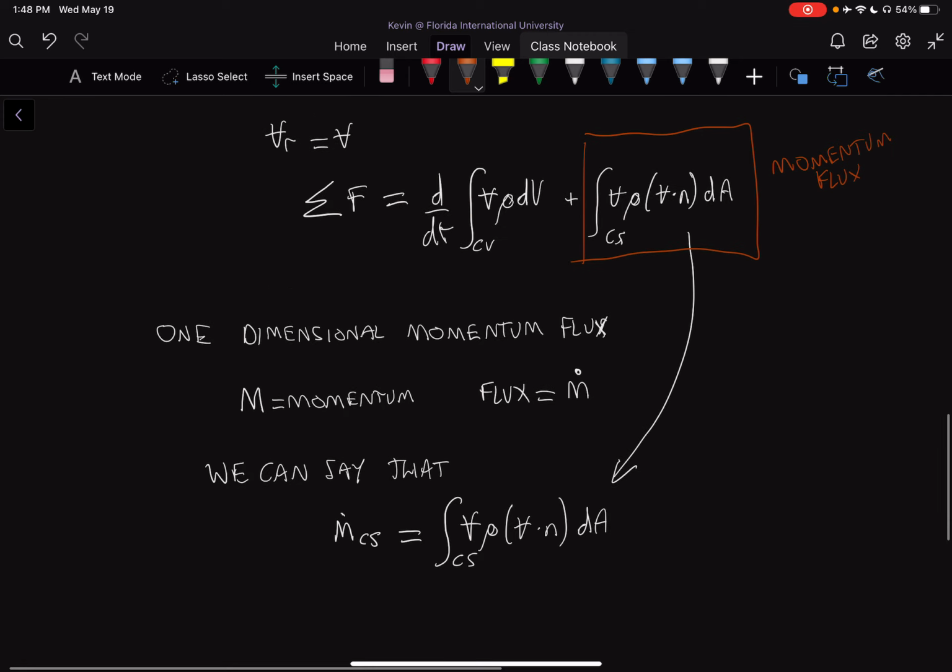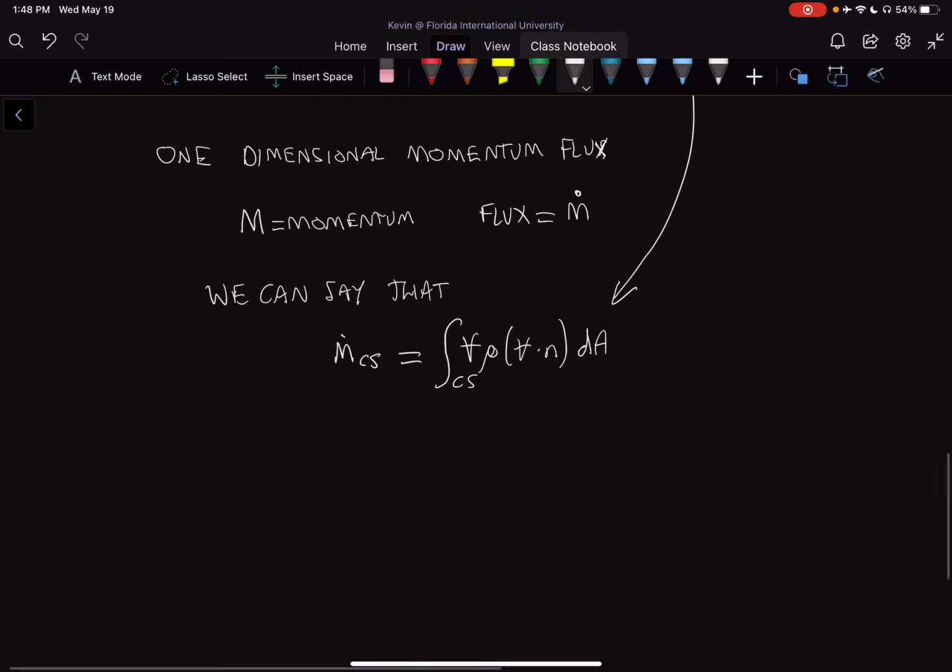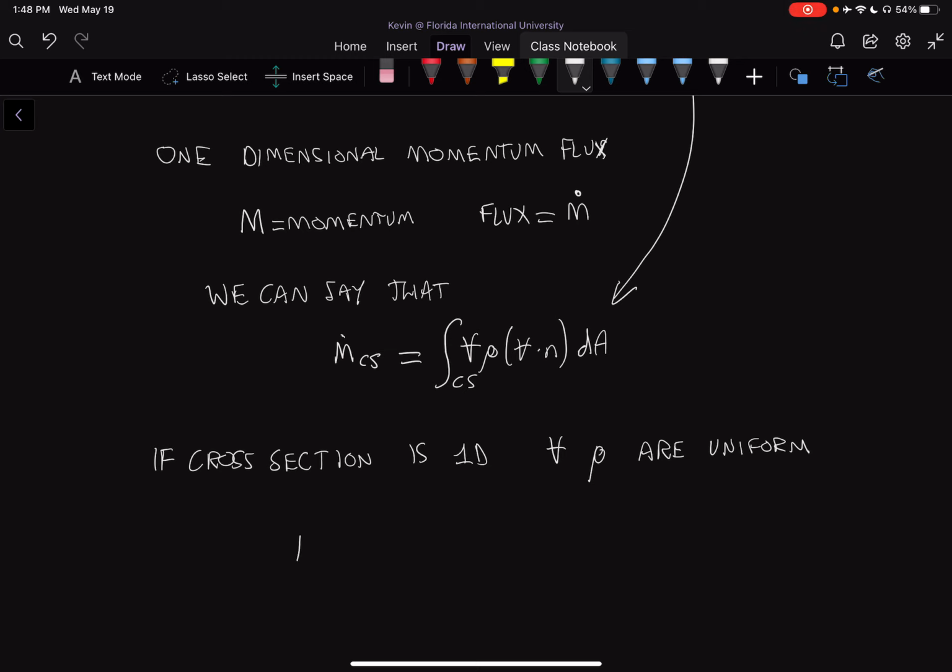Now if we simplify this control surface and we say that the cross section of the surface is one-dimensional, we can say that V and density are uniform across that surface. And so we can write that the momentum flux would be equal to a much simpler equation.